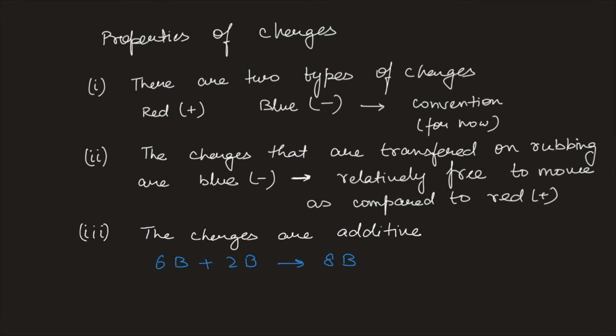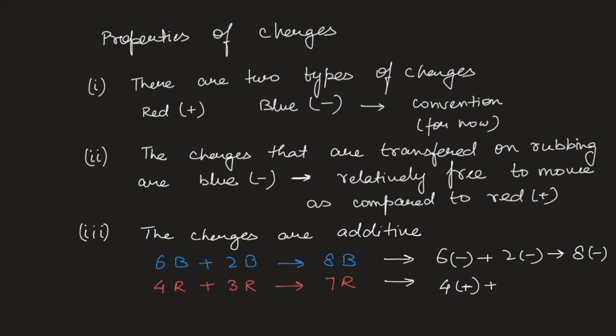Or the other way to say it would be, if I have 6 negative charges plus 2 negative charges, I'll have 8 negative charges. Or if we have 4 red charges plus 3 red charges, we will have 7 red charges. Or the mathematical way to say it is that if we have 4 positive charges plus 3 positive charges, we will have 7 positive charges.